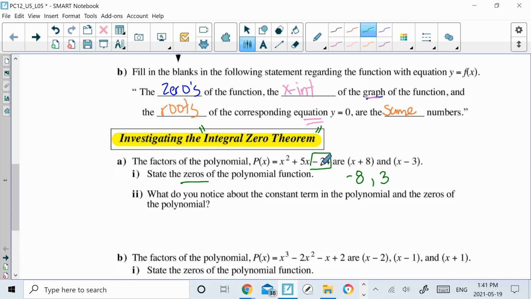These are factors of the constant term. So let's just write that down and then I'll explain it. So let's write the zeros. And remember the zeros were -8 and 3. Those zeros are factors of the constant term.